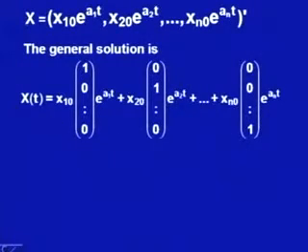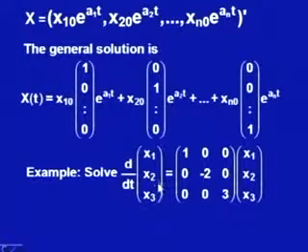So, if you sum it up, the first component will be x10 e^(a1 t), only this contribution will be coming. For the second term, the contribution will be coming from this term only, and for the nth term its contribution is coming from this term. So, one can write this general solution in this form. So, x(t) is a linear combination of these solutions.